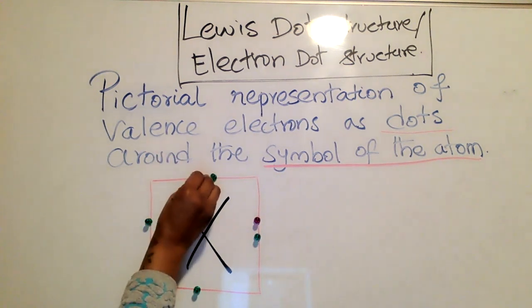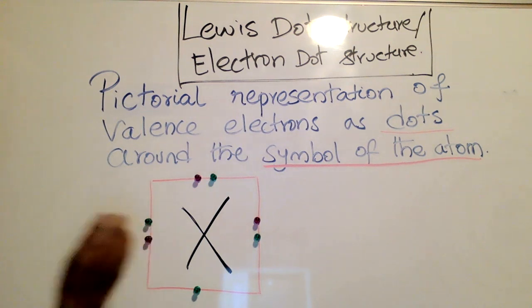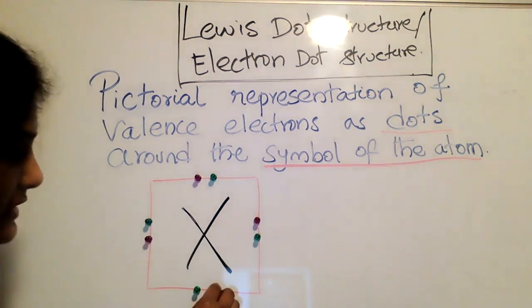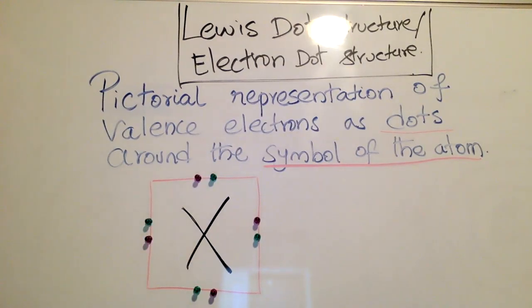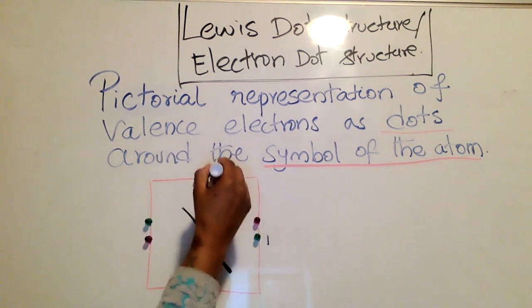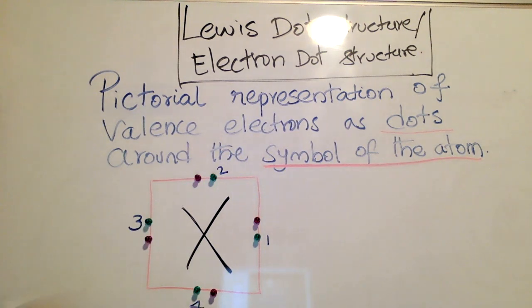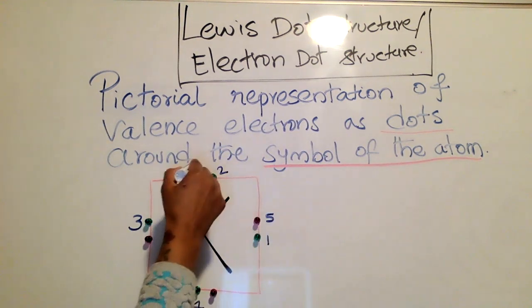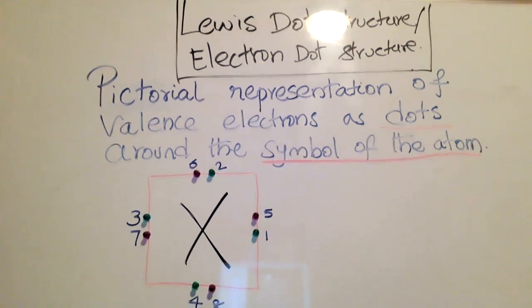Then you follow the pattern: sixth one, then seventh one, then eighth one. Now it's completely done. Let me count following the pattern: 1, 2, 3, 4, 5, 6, 7, and 8. So a maximum of 8 valence electrons can be there.